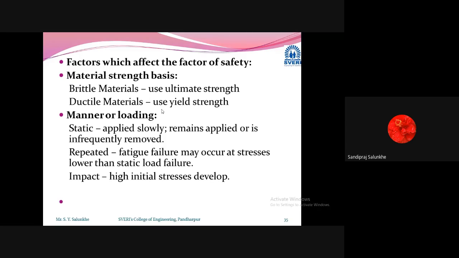So we have to consider the impact load also while selecting the factor of safety. So these three types of loads we have to consider, and whichever type of load is coming on the component which we are designing, we have to take into account, and then afterwards select the factor of safety.